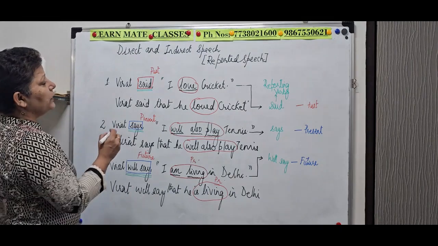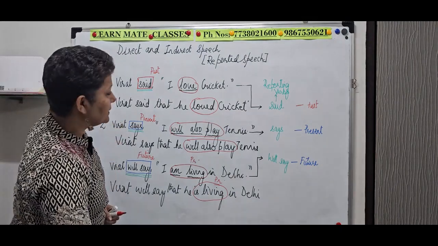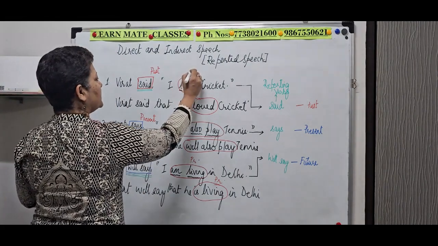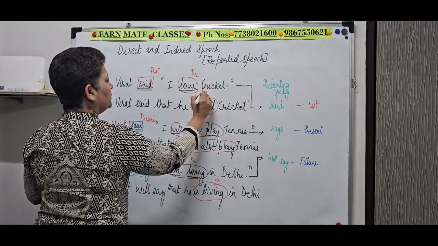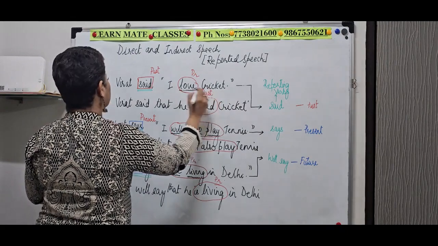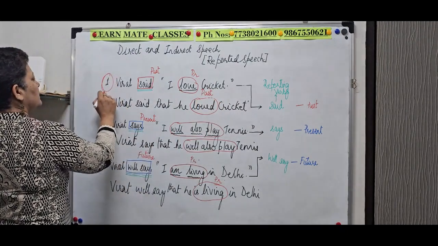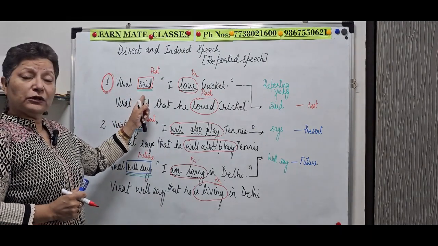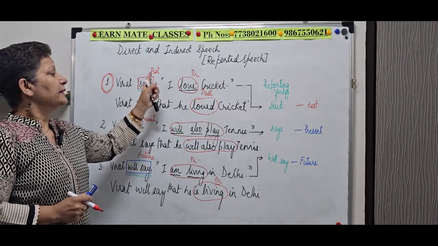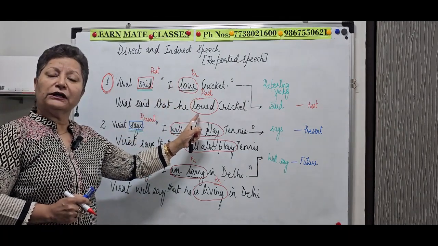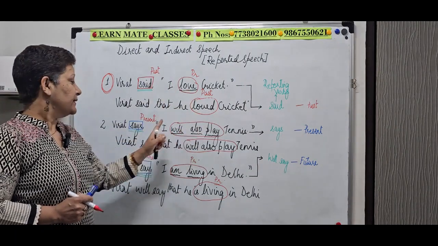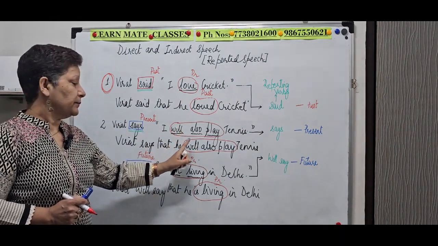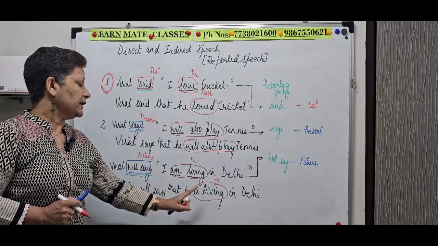So only when it was in the past did we notice that the present has become the past. So this is the only particular case, when the reporting verb is in the past, that your verbs undergo a change in the tenses. Here the present remains, the future remains future, the present remains present.